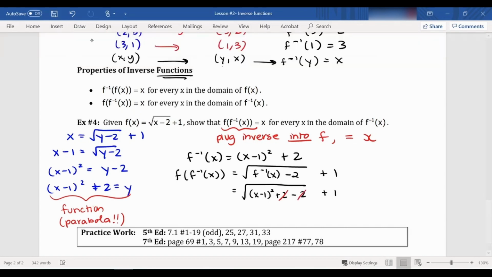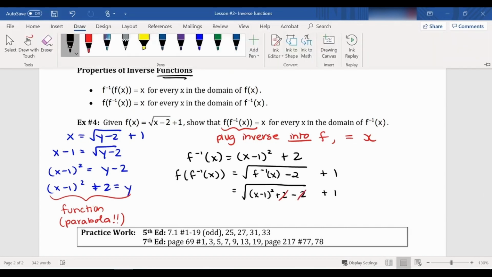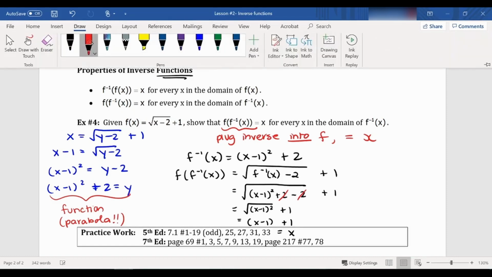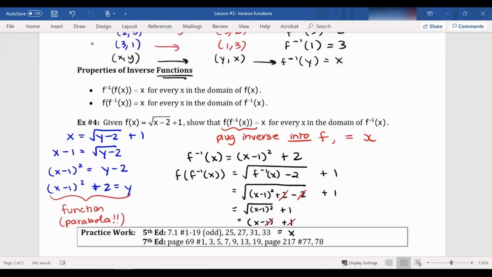The plus 2 and minus 2 cancel out. So I end up with the square root of x minus 1 squared plus 1, which gives me x minus 1 plus 1. The square root and the square cancel out. And this equals x because the minus 1 and plus 1 cancel out. And so we showed that this equals x.